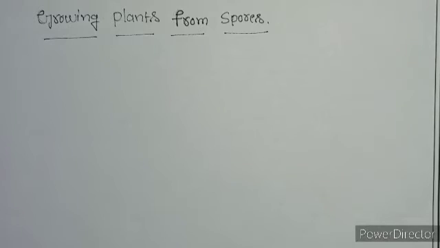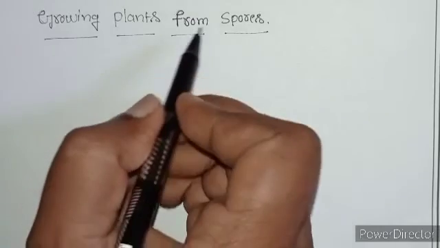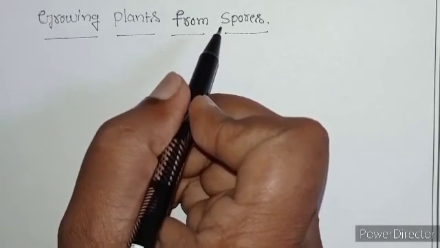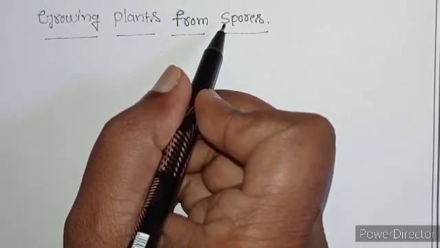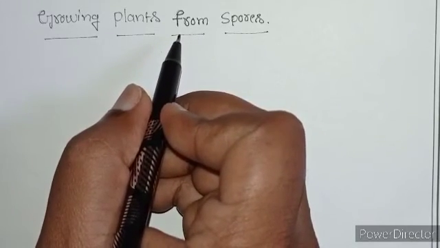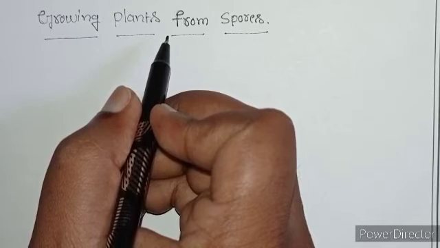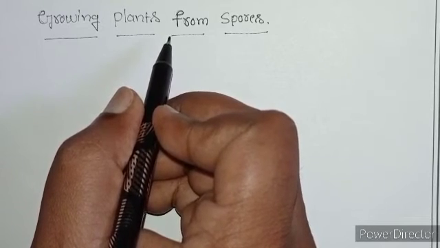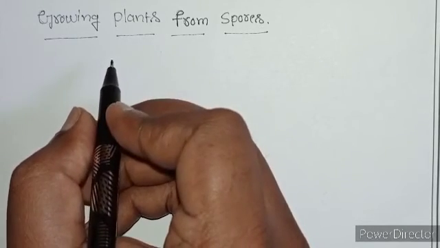Students, next we are going to know about growing plants from spores. Spores are the characteristic feature of plants like ferns, the non-seed bearing plants.